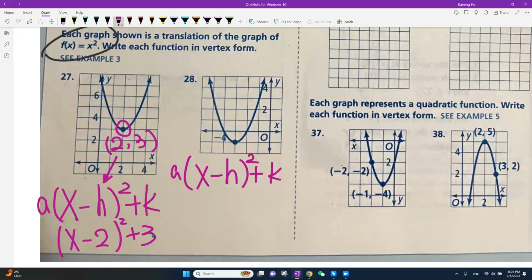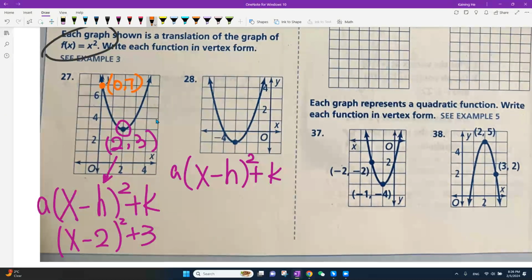So how would I check for the coefficient a? You check for it by finding another point. Let's take a look. Here I see a 0, comma 7.